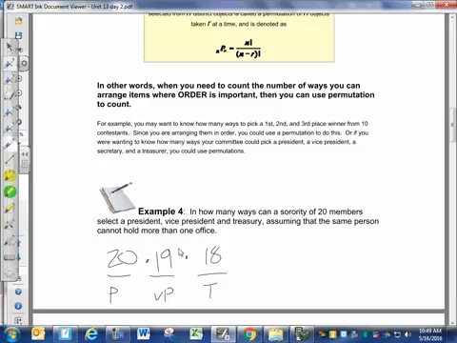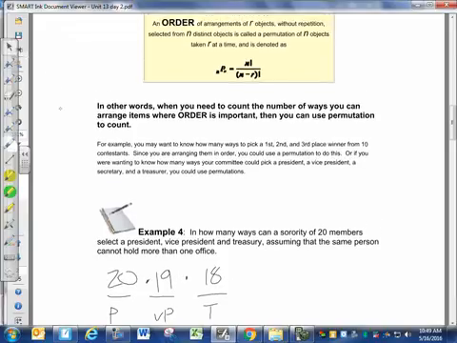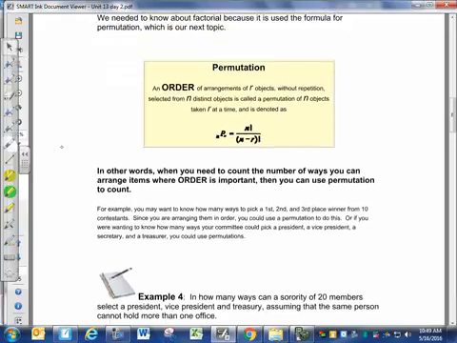Well, there's actually a formula for this process that we just did conceptually, and it's called a permutation. A permutation, this is nPr. If you can't see it, just write it out again, nPr. It is an arrangement of r objects from a group or a list of n objects.